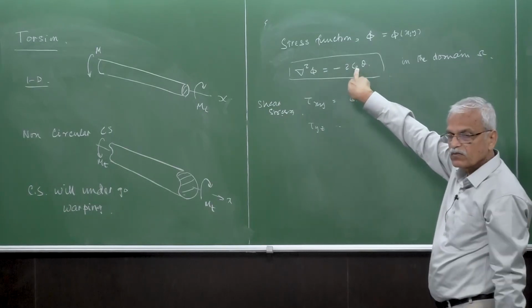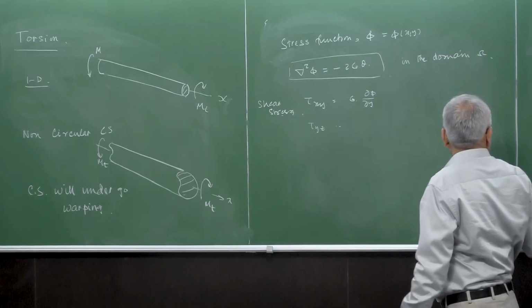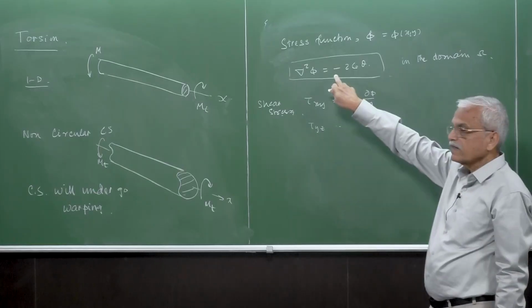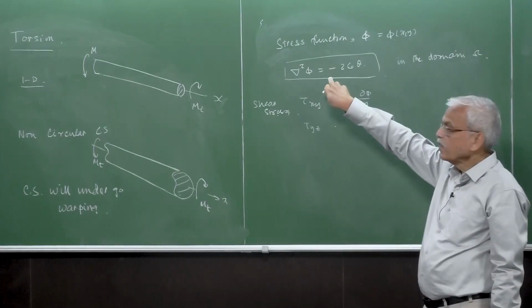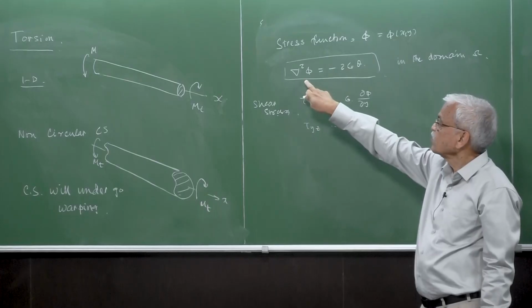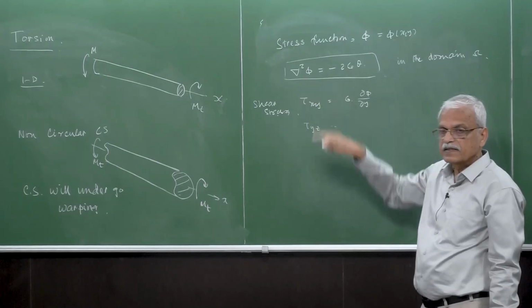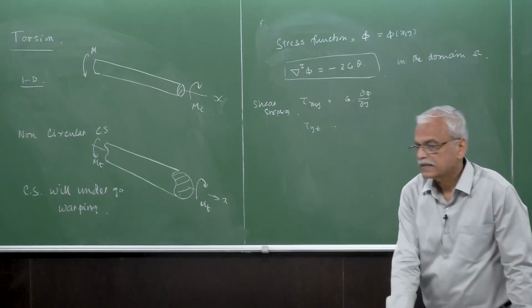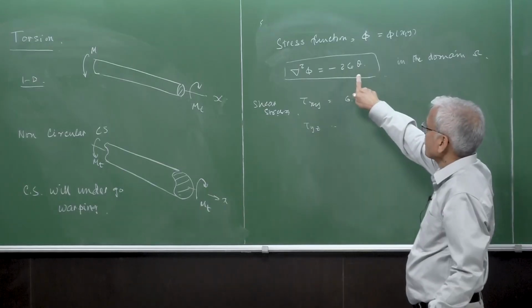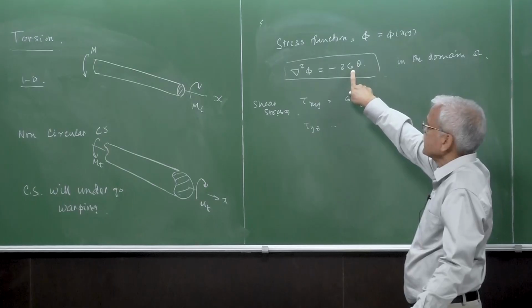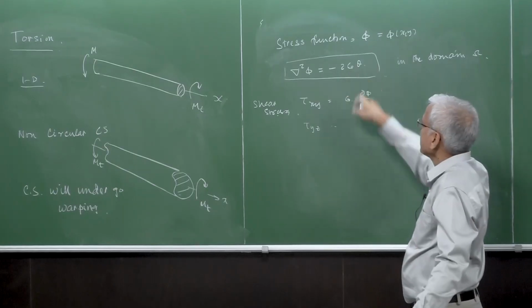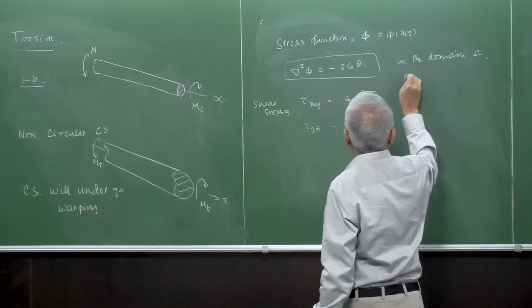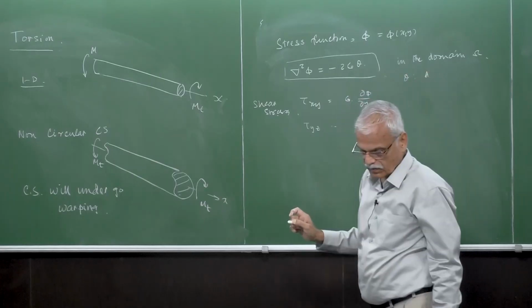If you compare this with our earlier membrane problem, it has exactly the same representation, so you can also call this Poisson's equation. Of course, let me recall that G is the modulus and theta here is the angle of twist.